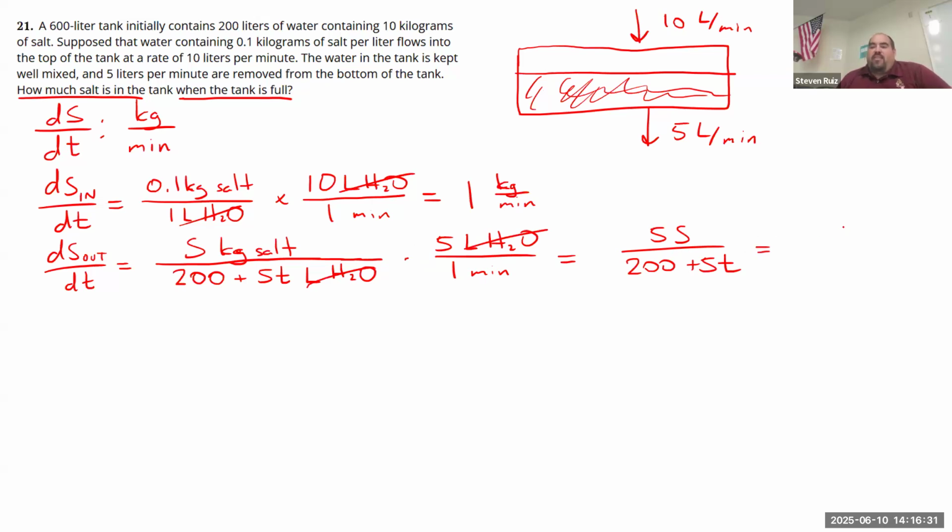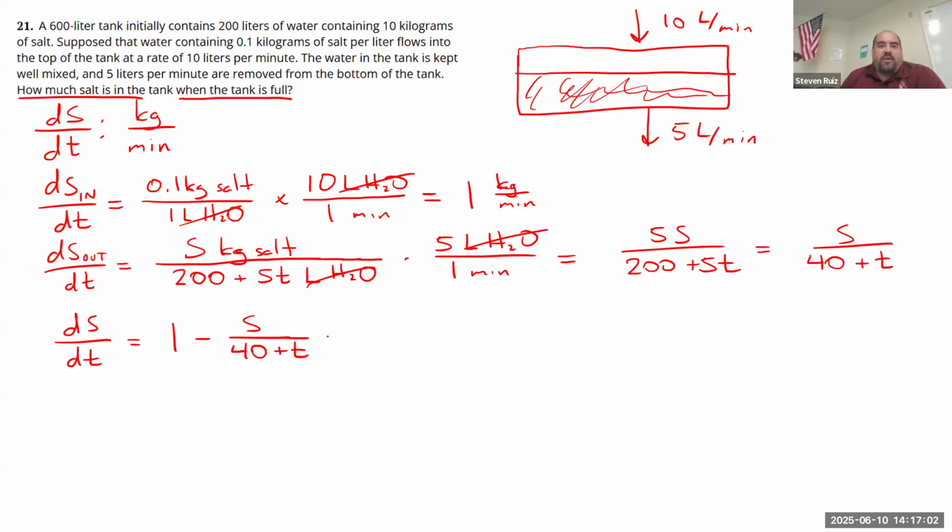So I'll divide everything by 5 and I get S over 200 divided by 5 is 40, plus T. So here's my equation. dS/dt equals the inflow rate, which is 1 kilogram per minute, minus S over 40 plus T.